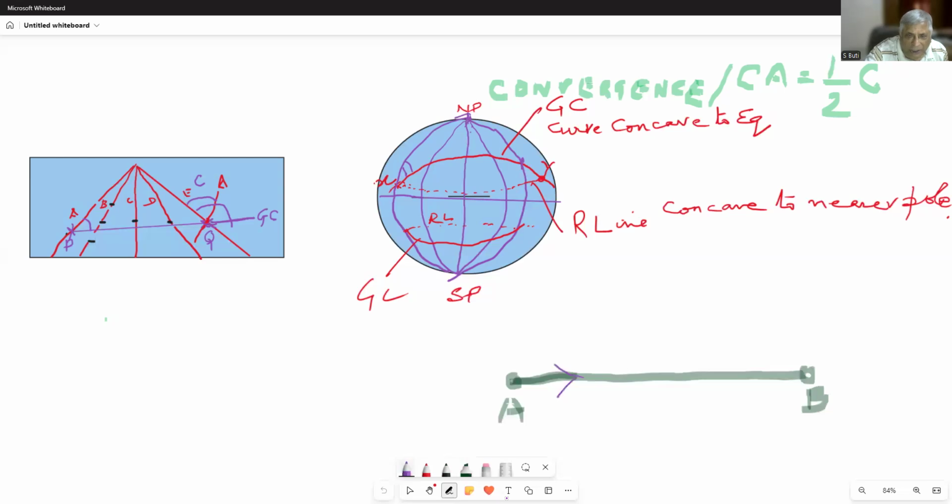Let's say this is 60 degrees north, and you will be flying a constant direction.